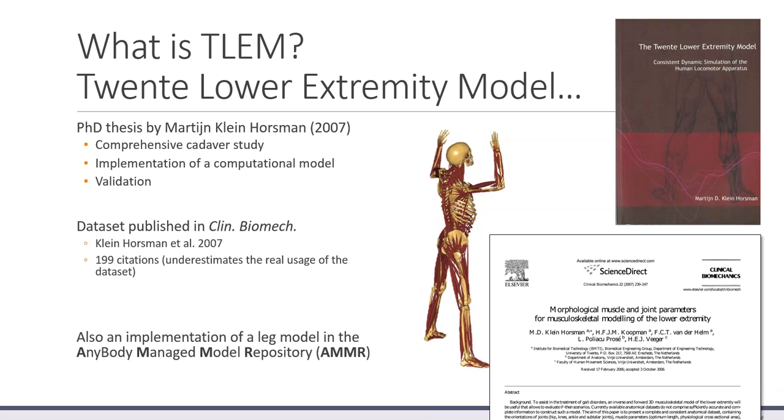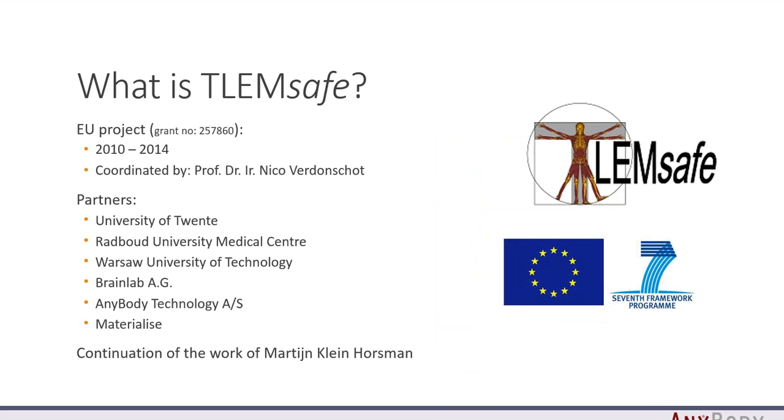I see a lot of people using different implementations of this data set that don't really cite the original paper. So it's quite an influential paper, I would say. But the 20 lower extremity model is also an implementation of the leg model in the Anybody Managed Model repository. So this gives you an overview of what people talk about when they say the 20 lower extremity model.